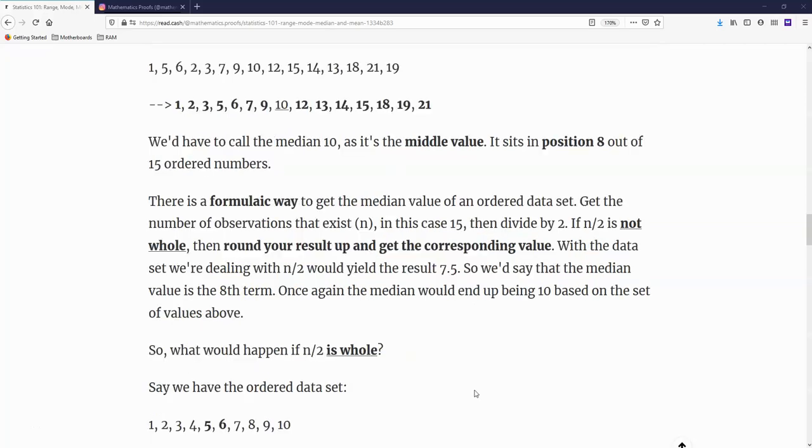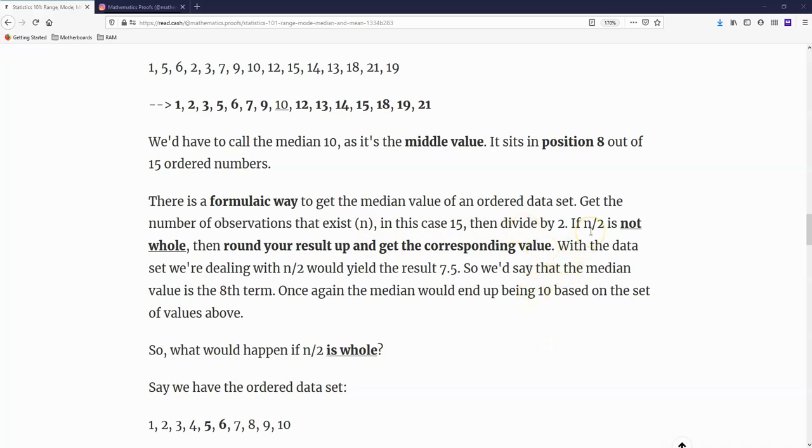Now it turns out that there's a procedure we can use to get the median value of an ordered data set. What we do is get the number of observations that exist, n, in this case 15, then divide by 2.